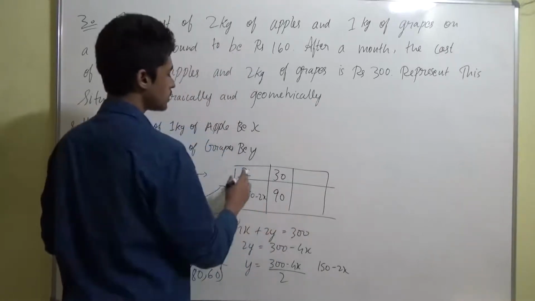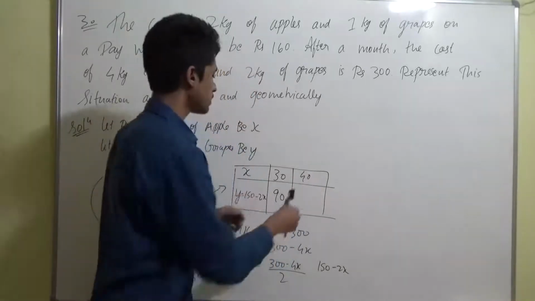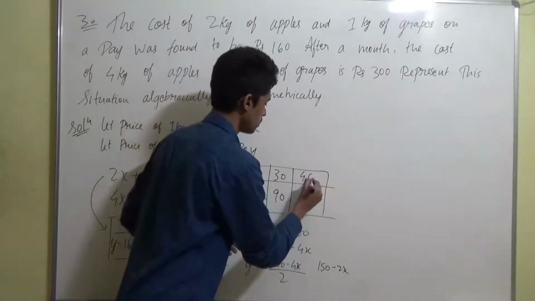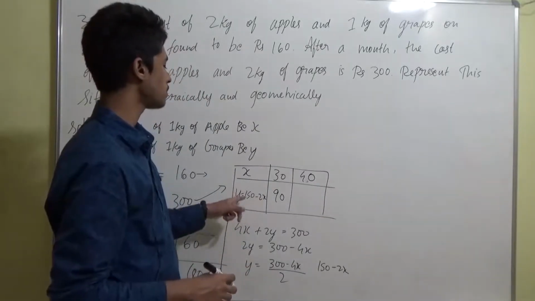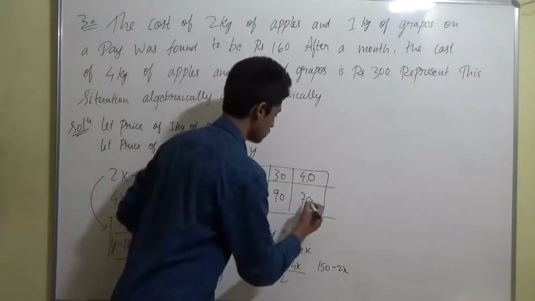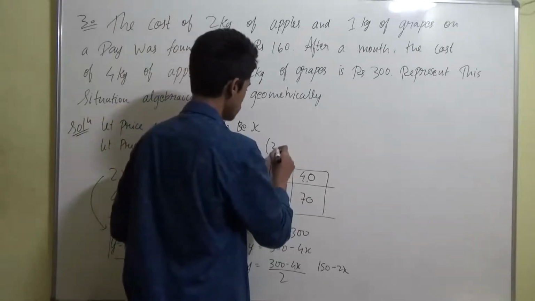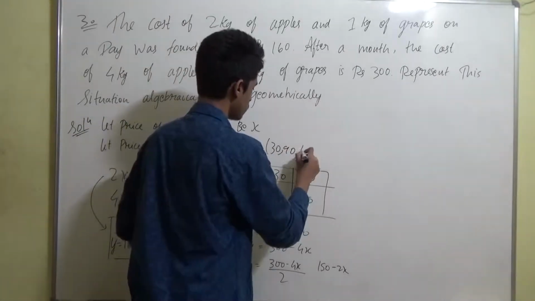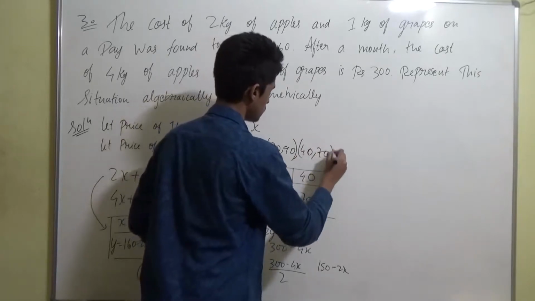Done. Now let's take the value of X as 40. Y will become equal to 150 minus 2 into 40, that is 80. It will become equal to 70. Done. So the 2 points which we got here are 30, 90 and 40, 70.